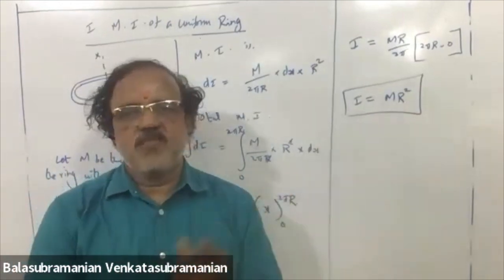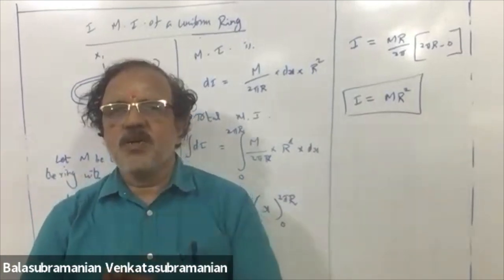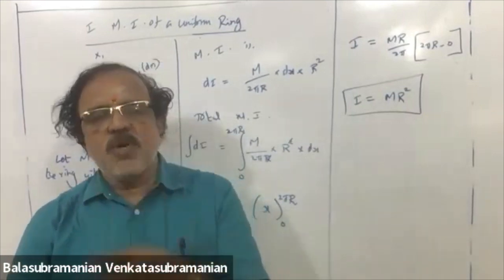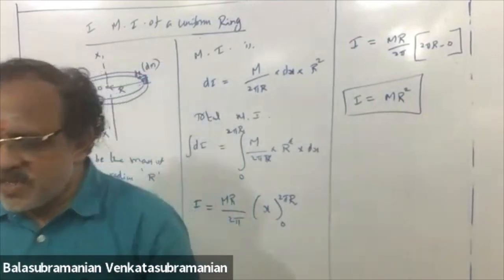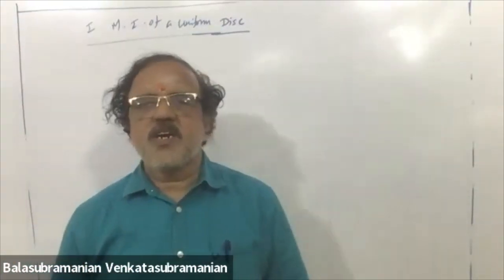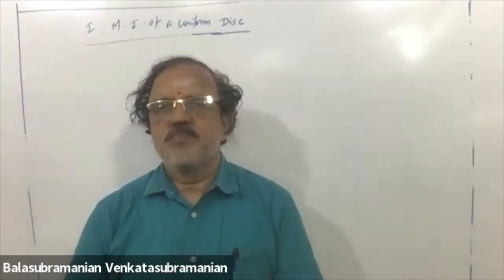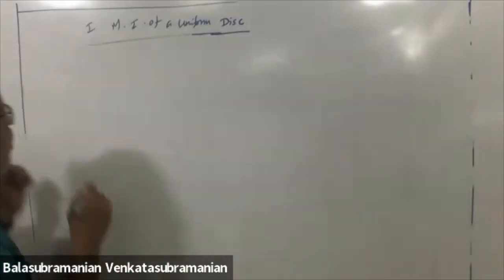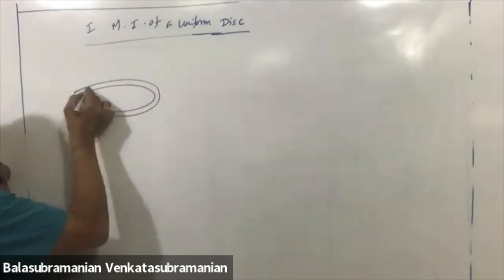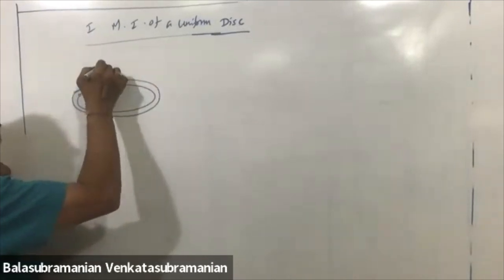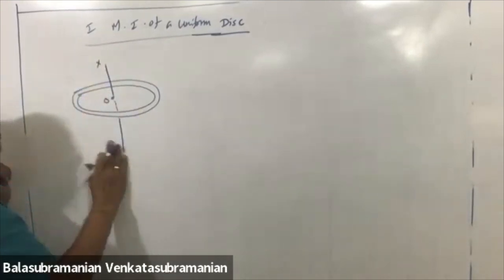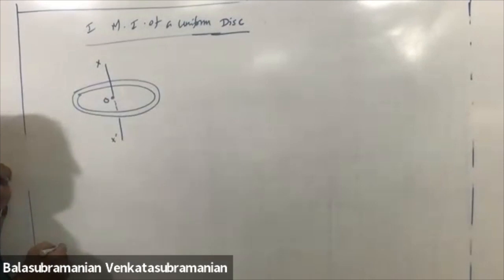This is second. First we have seen the uniform rod. Second thing, circular ring. Third one, uniform disc. Disc means it is a full solid. It is not hollow, it is a full solid. Here, X O X dash, origin.